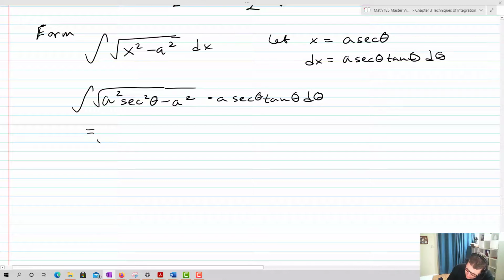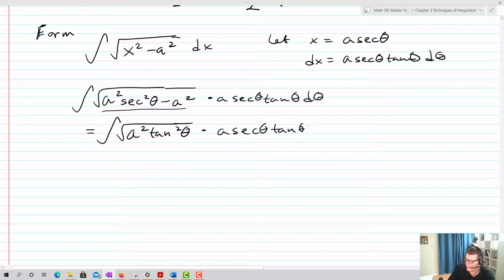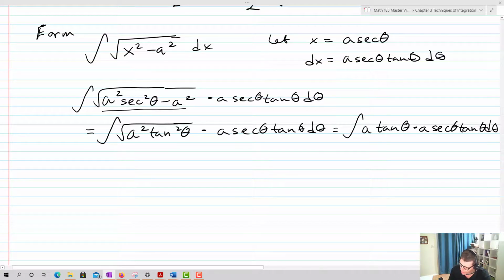And so this will end up equaling the integral, and this turns into a squared tan squared theta, times a secant theta tan theta d theta, which equals the integral of a tan theta times a secant theta tan theta d theta, which is just a squared times the integral of secant theta tan squared theta d theta, which you could integrate.